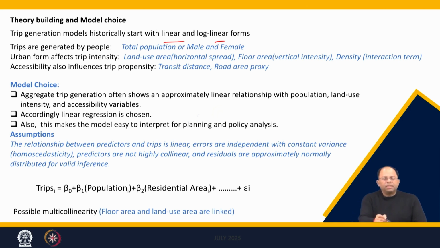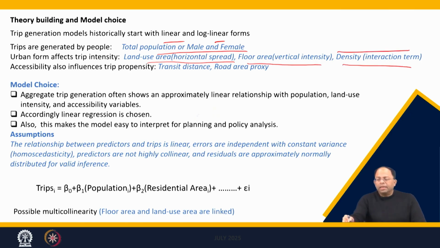So trips are generated by people, so the total population could be either male or female. Then land use area is the horizontal spread, floor area is the vertical intensity, and density could be an interaction term. That means density actually contains both land use and floor area. So if I take all three of them, it will not work because they would be collinear, right? There will be multicollinearity. But if I only take floor area, then I am missing the aspect of how much land use is there.